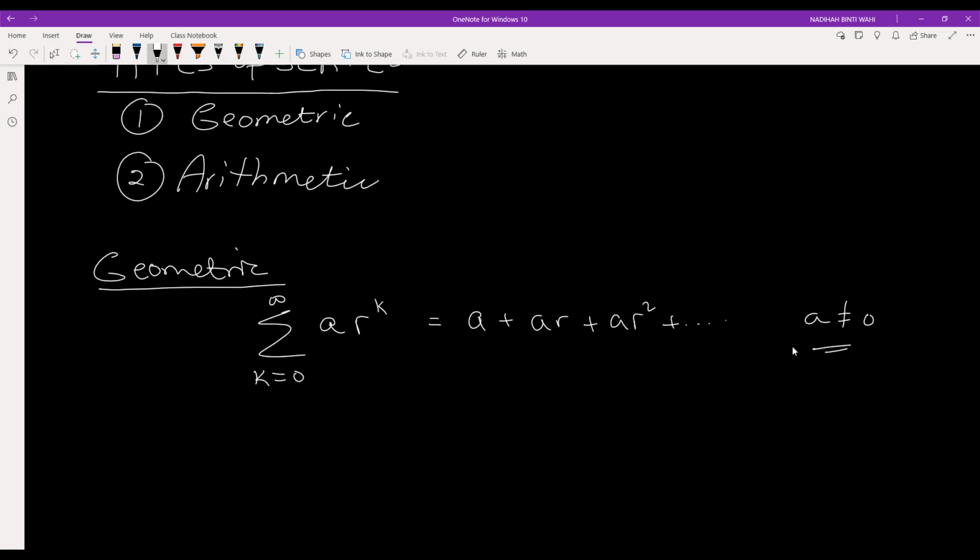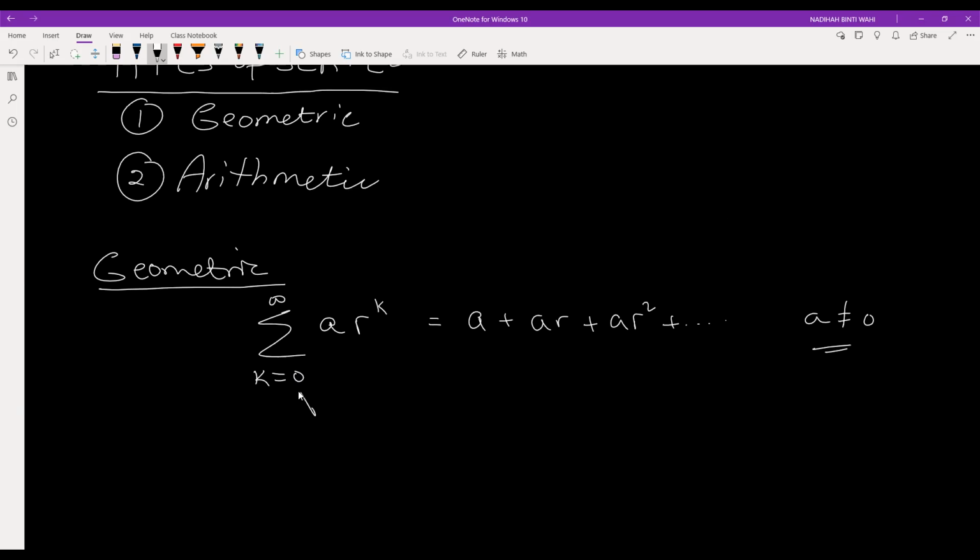Okay, so r is what? r is the ratio for the series. How about k? Can k start from 0? Yes. Can k start from 1? Yes. It depends on your series, so it depends on what you are trying to do.